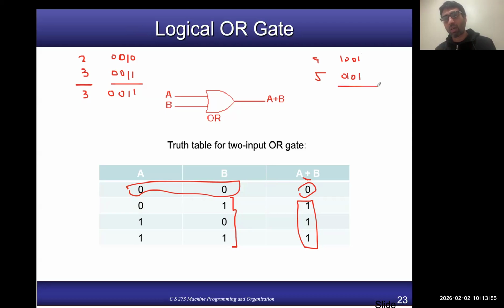Now when you do the OR, as long as any of the input bits is 1, the result will be 1. So here 1, 1, 0, 1. Which is D in hexadecimal form or 13 in decimal form. Okay. Is it clear?